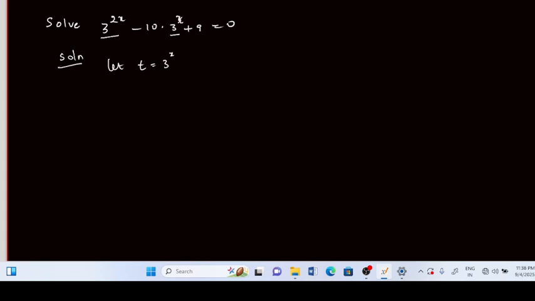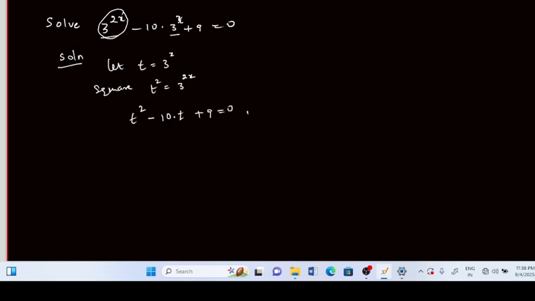If we square this, t squared can be written as 3^(2x). So instead of the first term we can write t squared, minus 10 times 3^x, which is nothing but t, plus 9 = 0.